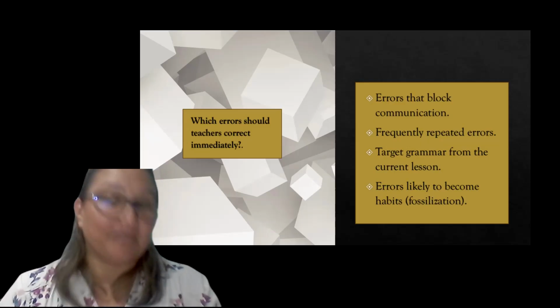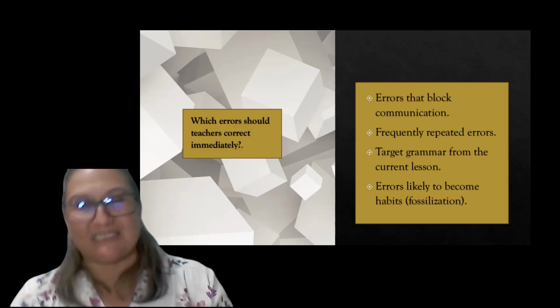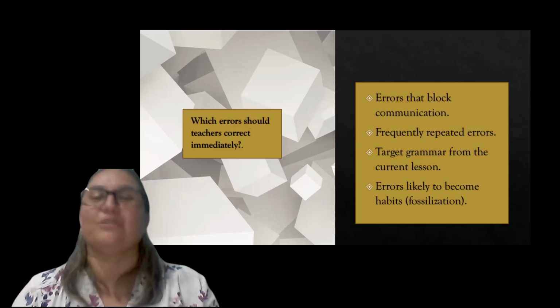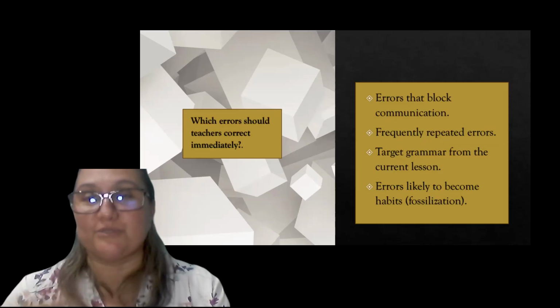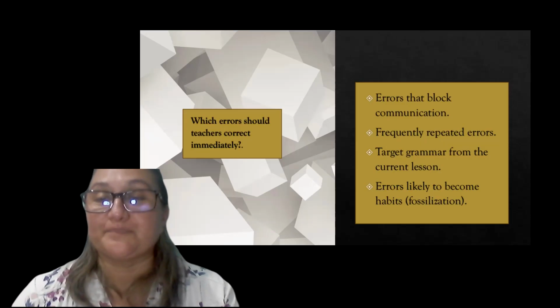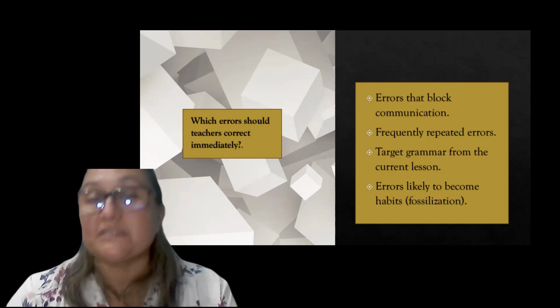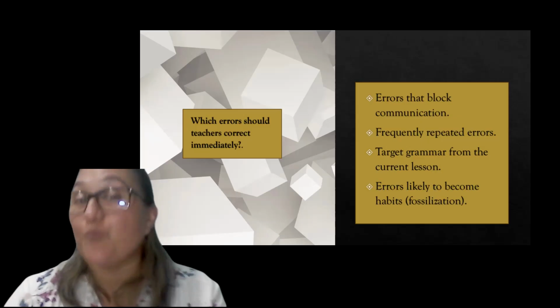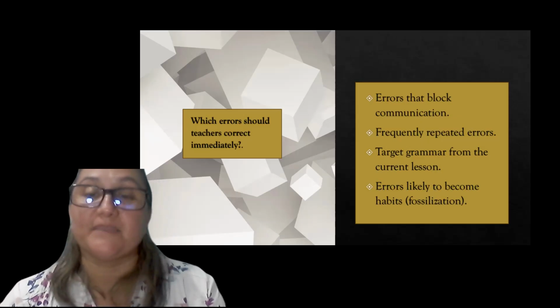Remember, be very careful, because if you do it too aggressively, students can feel uncomfortable and they will not want to continue. So in that case, we can make the correction gently: you mean water? Remember, be easy.